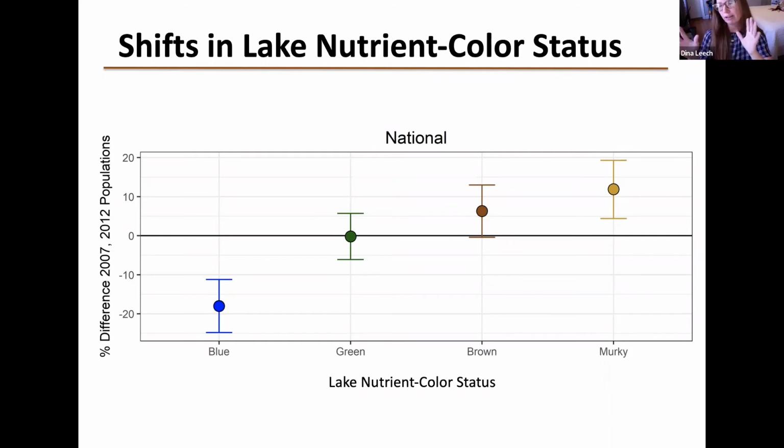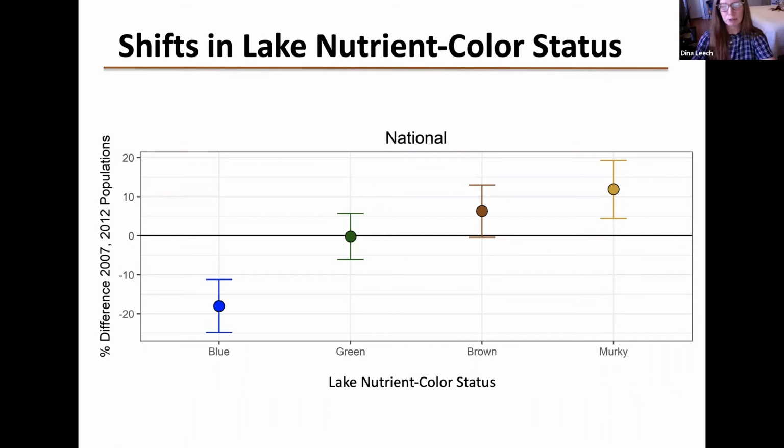So green lakes haven't really changed in abundance very much. But what was concerning is that from 2007 to 2012, only 5 years, the percentage of blue lakes, so those really clear lakes, decreased by about 18%. Again, over a very short period, 5 years.